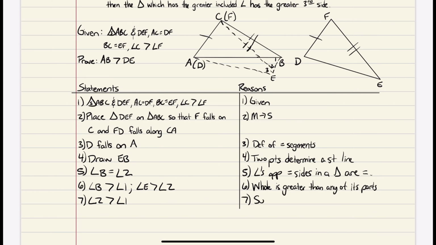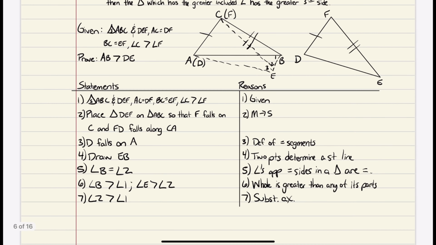And we can use the substitution axiom because we've already stated the relationships between those two angles. All right, and then number 8, we can now say that angle E is greater than angle 1.